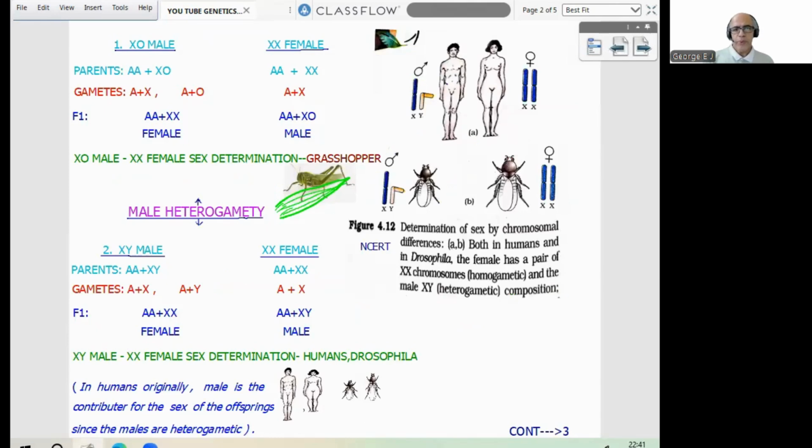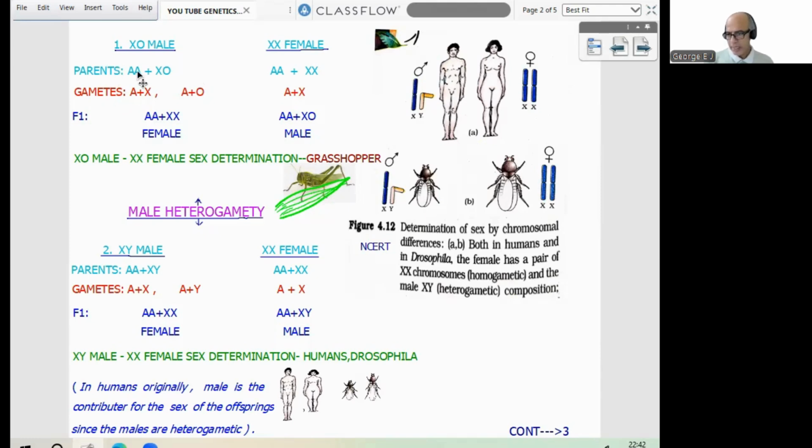When we come to male heterogamety, first we can find XO male, XX female. That means the parents are AA + XO and AA + XX, diploid. Here the female is homogametic, the male is heterogametic. How many types of gametes from the male?